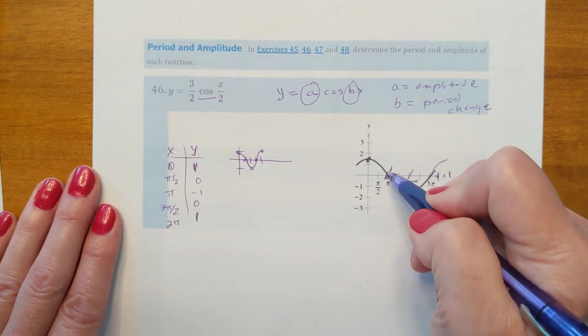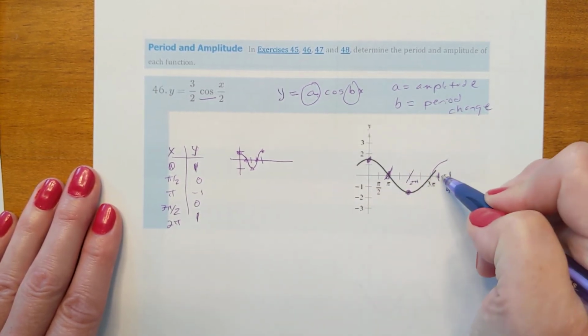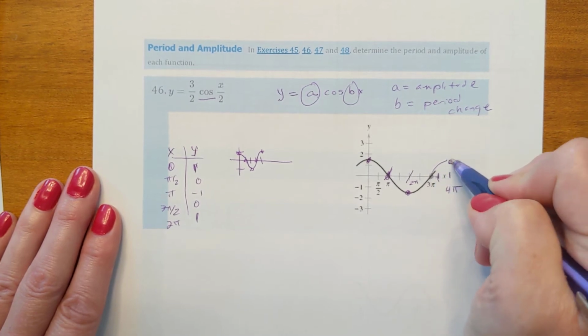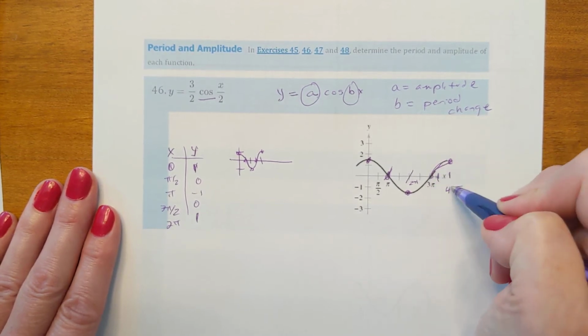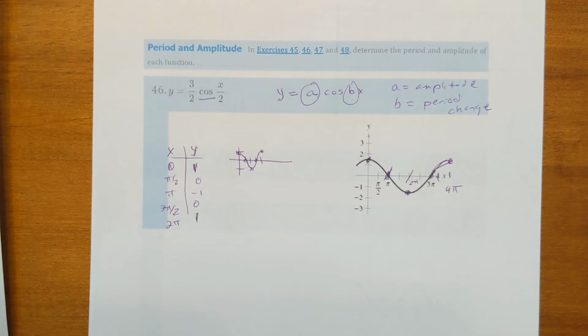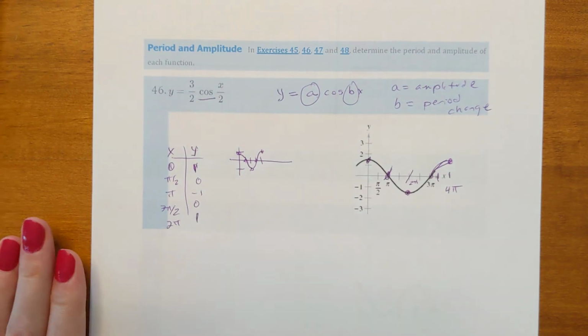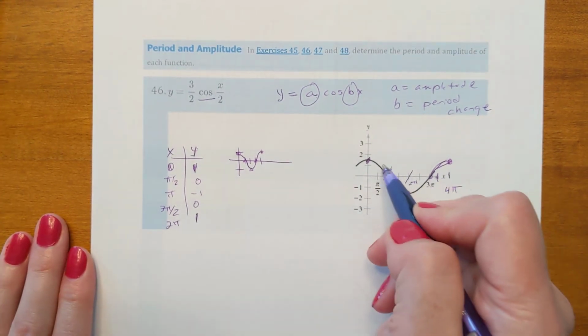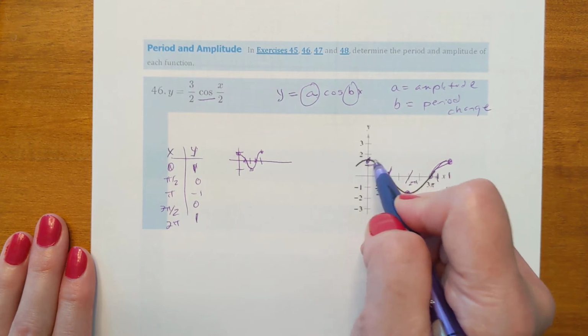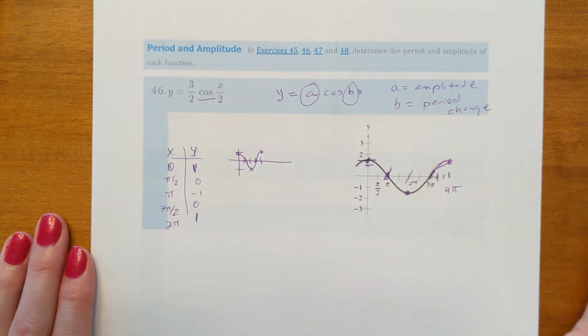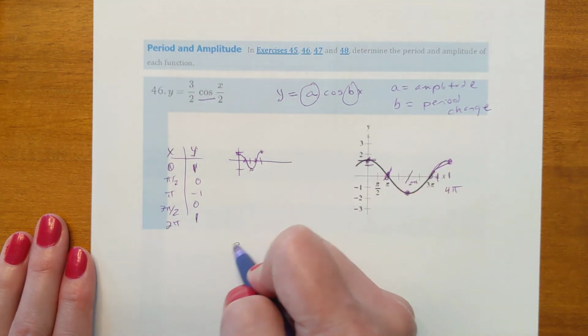So it started up high and then hit the tick marks here. The next one's going to hit right here. So the period of the whole thing is 4 pi. And the amplitude on it is going to be, instead of hitting at the number 1, it's hitting up here at the number 1.5. So the quick answer on what the amplitude is, is 3 over 2.